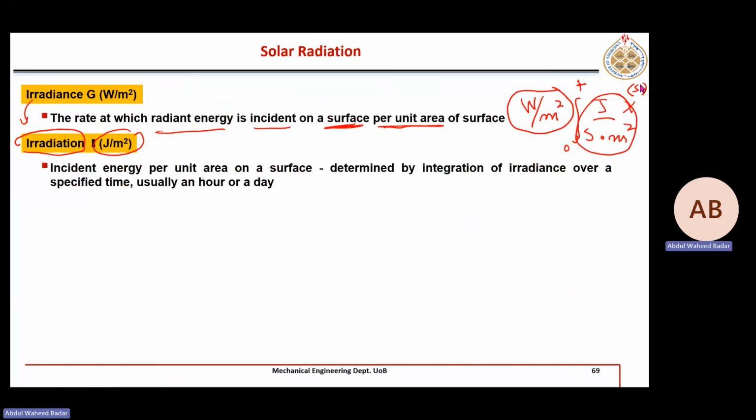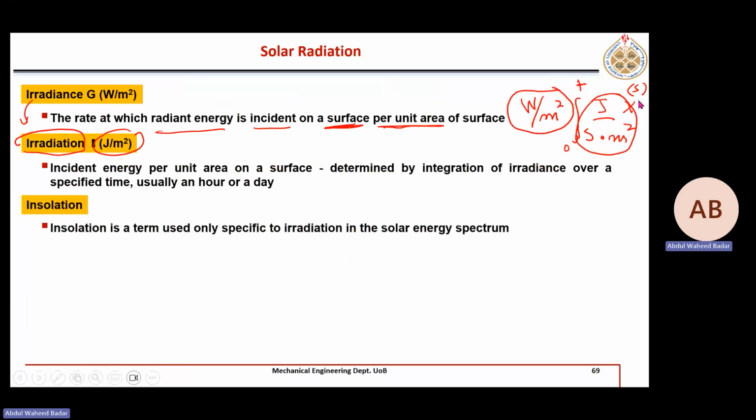Next is insolation. Insolation is another term to represent irradiation in the solar energy spectrum. So any radiation in the solar energy wavelength spectrum is also called insolation.